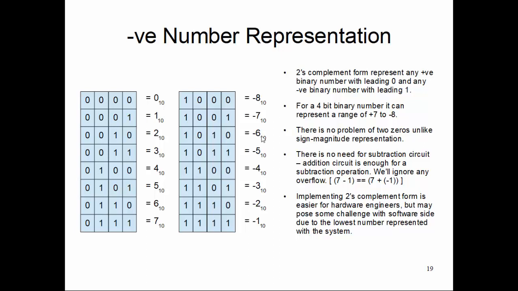Otherwise we could manually count the number of bits in the given problem and assume that, but that's not the right way to formulate a question. So a question must specify the number of bits for the 2's complement form.